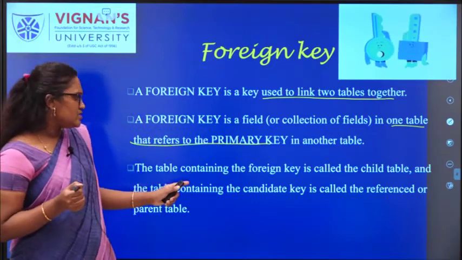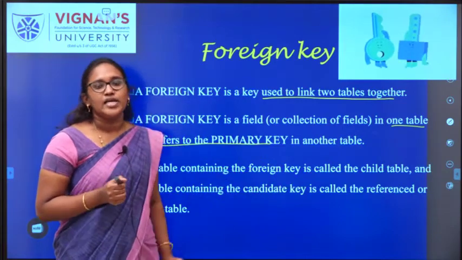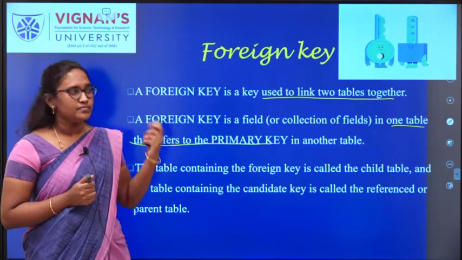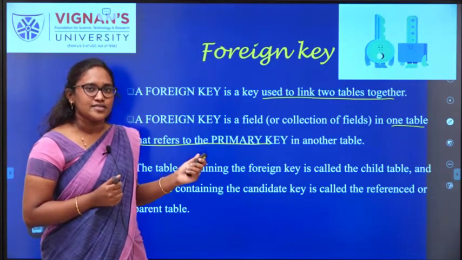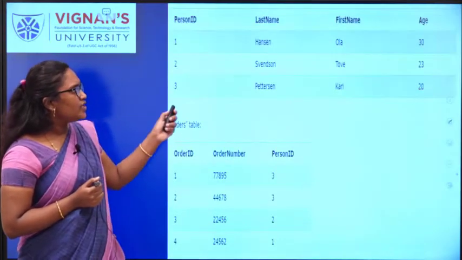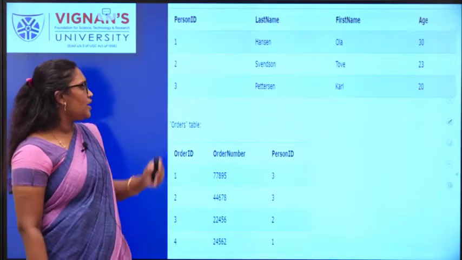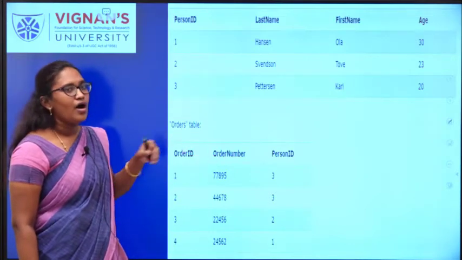Next, the table containing the foreign key is called the child table. That means the table from which you are referencing is called the child table. If you observe here, you have a person table and an order table.